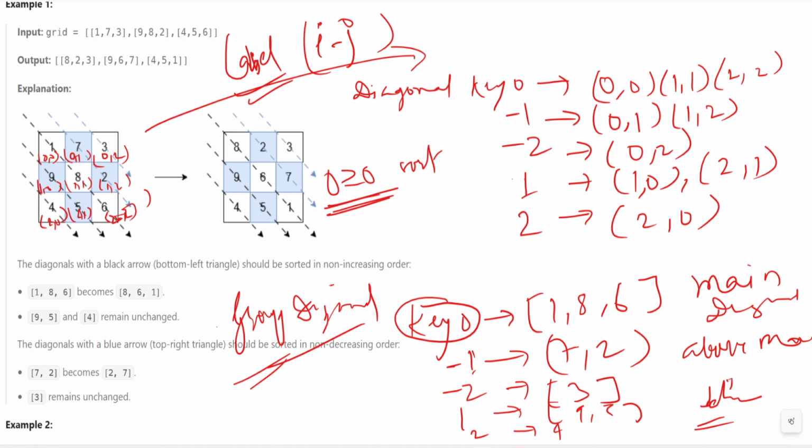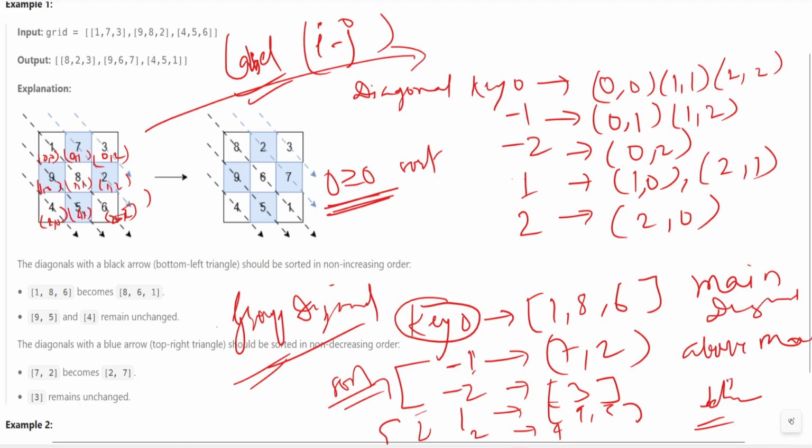Then we talk about the other values. These are -1 and -2, less than 0, it means they should be in ascending order, right? So we have to sort these keys in ascending order.